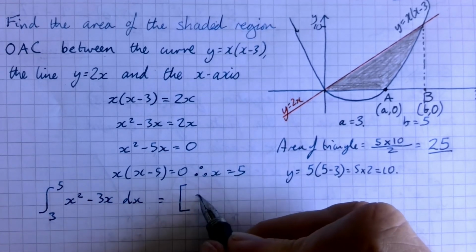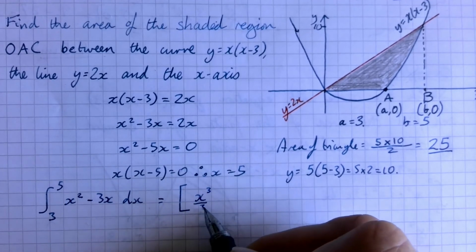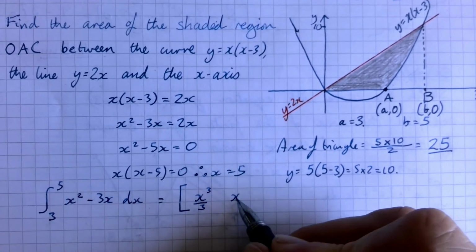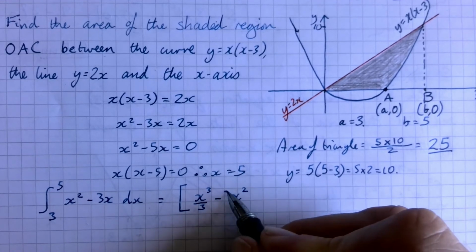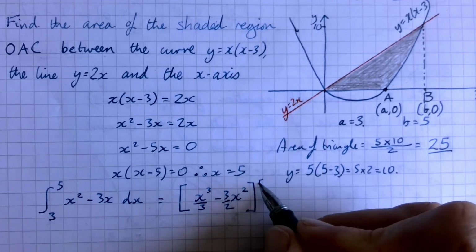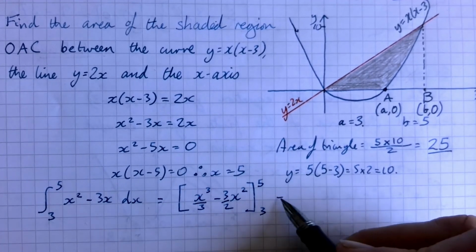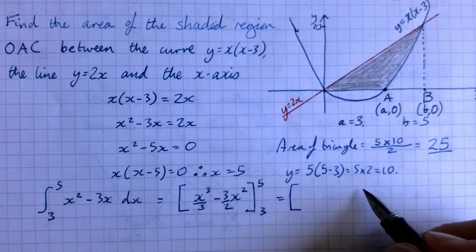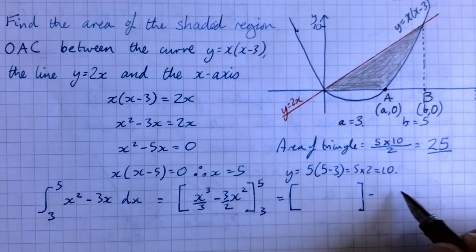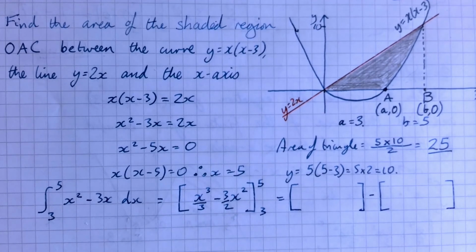So the x value goes up 1 to 3, divide by that 3, the other x value goes up to 2, and we divide by that 2, and we're doing that between 5 and 3. So that's going to give us 2 things to do. So we've got the 5 one and the 3. Have a little go at that, pause the video, make sure you've got that okay.